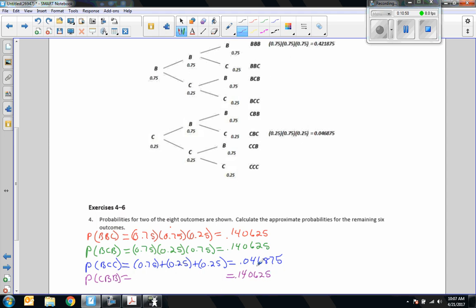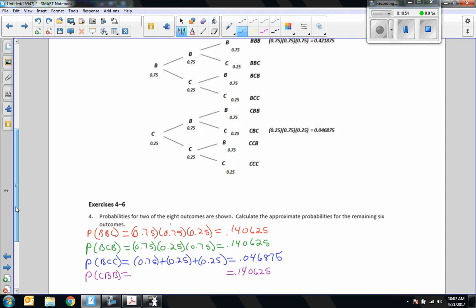So that's going to be the same outcome as the others. Now we're going to do CCB. So the probability of CCB equals the probability of C.